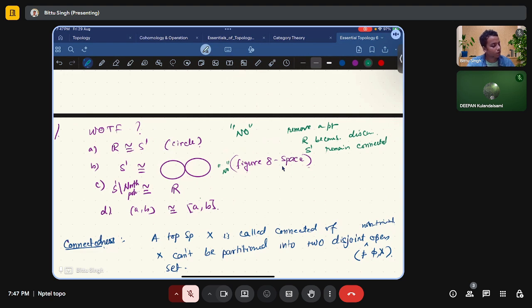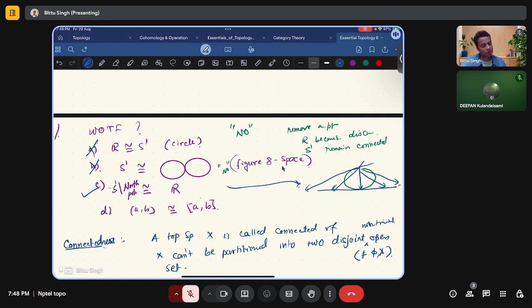Probably you have observed in complex numbers that you can project everything onto this real line by this kind of projection, right? Like this. This is how stereographic projection works, and this map is a homeomorphism. So those two are false, but this is true by stereographic projection.